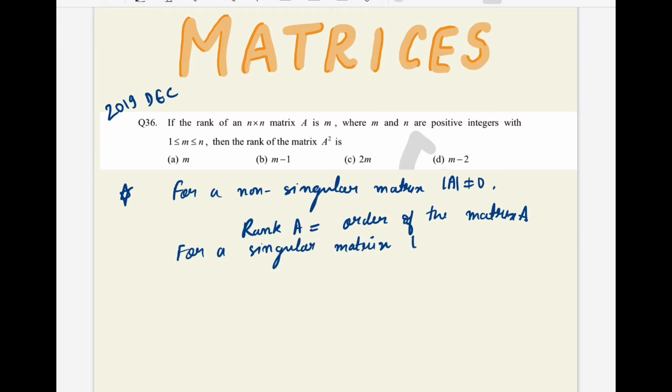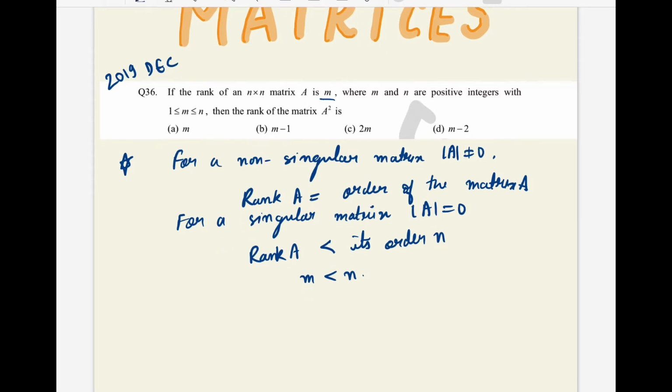So for a singular matrix, its determinant is 0, so rank A is less than its order n, and rank A is already given to be m. m is less than n, which means that the n cross n matrix A is a singular matrix.